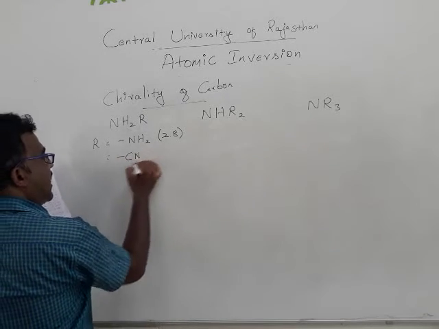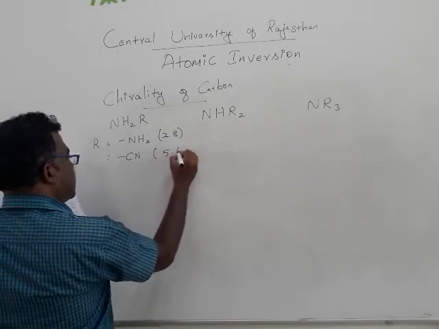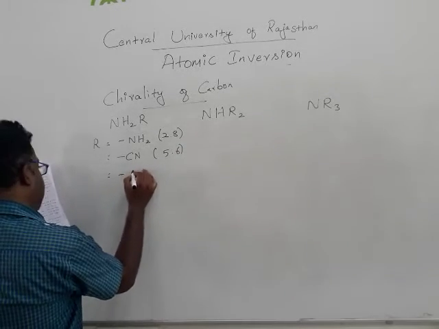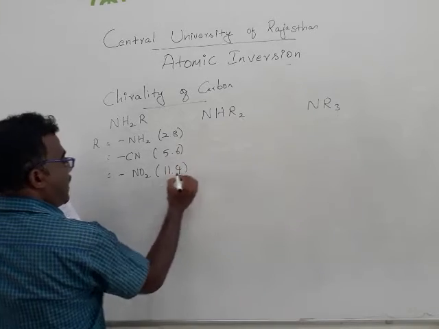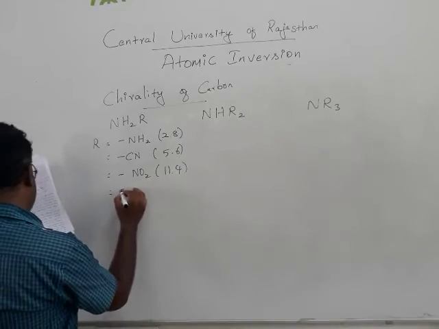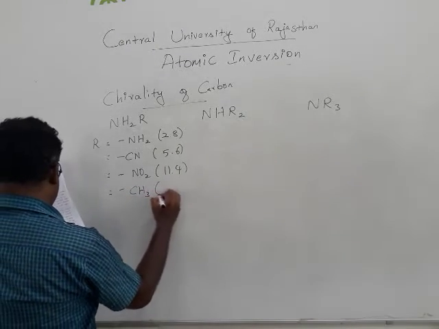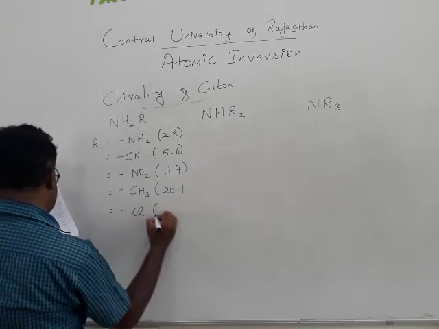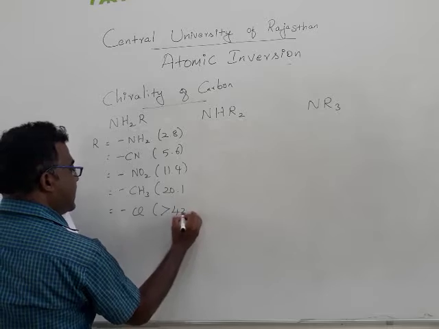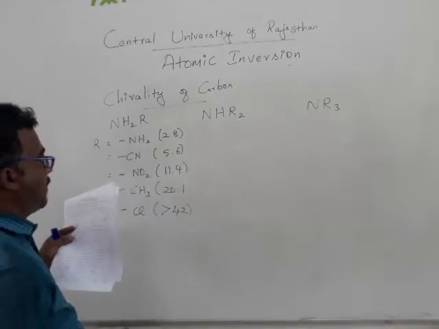If it is a CN group, 5.6. If it is a nitro group, then it has 11.4 kilojoule per mole of inversion barrier. Then the methyl group, 20.1. The last one, chlorine, has a very high inversion barrier. It is greater than 42 kilojoule per mole.